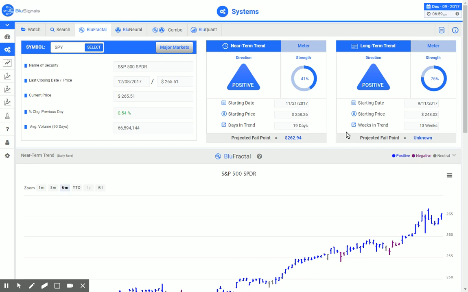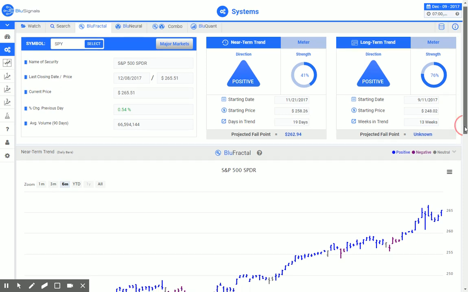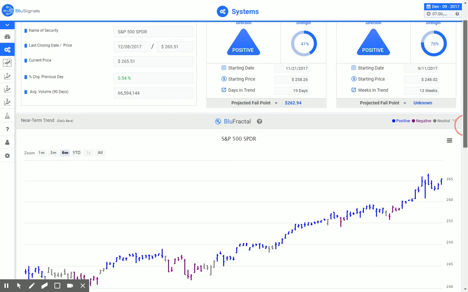That would give you confidence that this fail point is likely to hold and perhaps adjust itself higher as this trend is anticipated to continue. However, if it does not, and the market weakens here, you'll see that weakness manifest itself here in the meter and in the projected fail point, giving you adequate time in advance to exit or adjust your position.